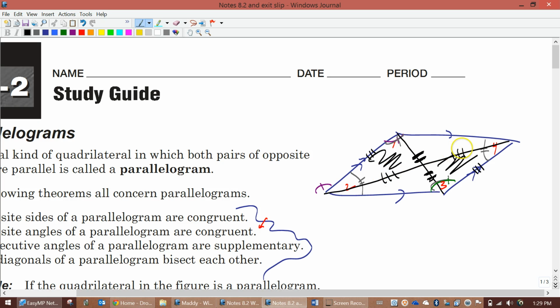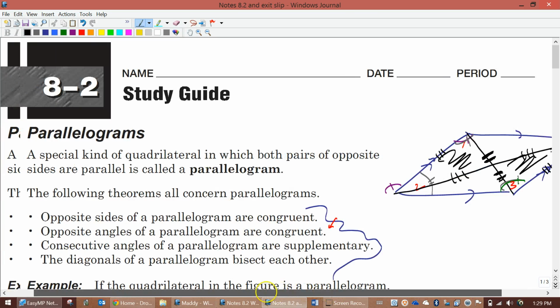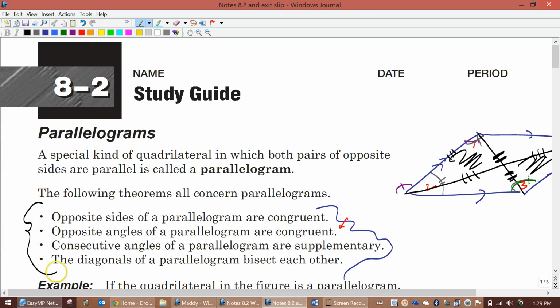These pieces are congruent, which turns that around. That means those diagonals bisect each other because they split each other in half. All right, those are the 4 theorems. You'll need to become accustomed to those and be able to use them. You won't really need to prove them. You just need to know them and apply them.